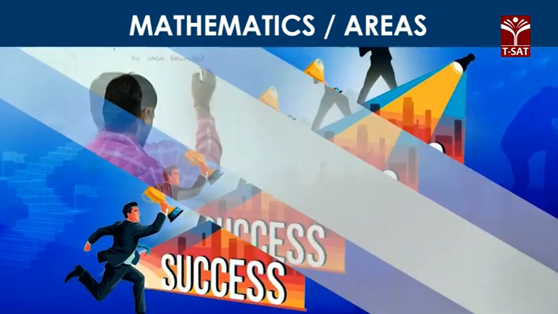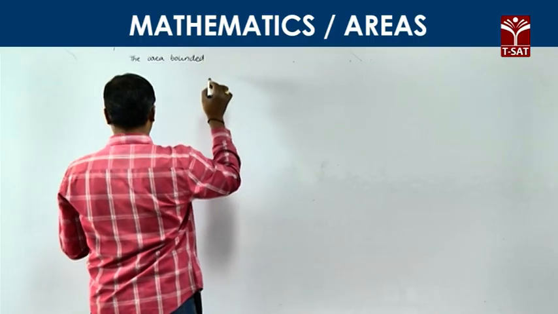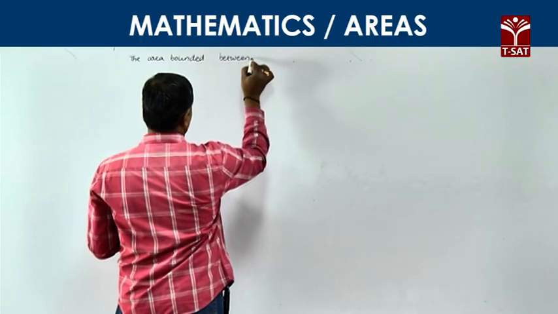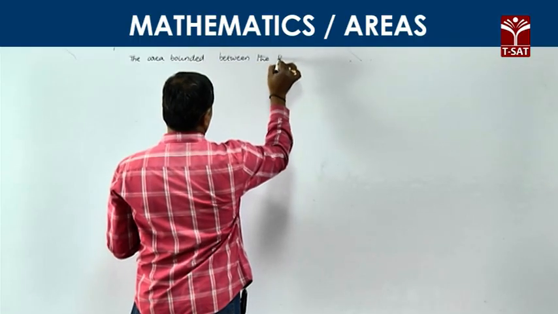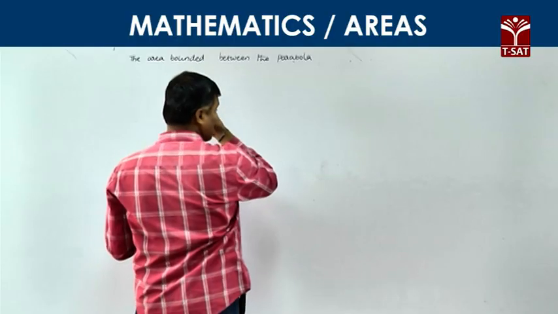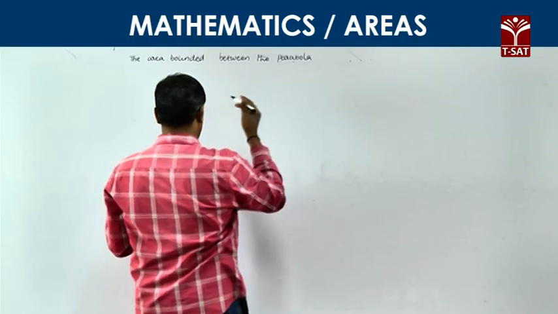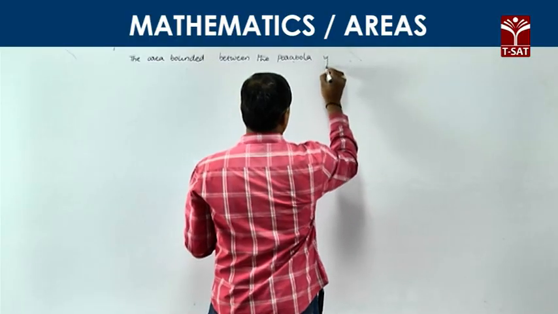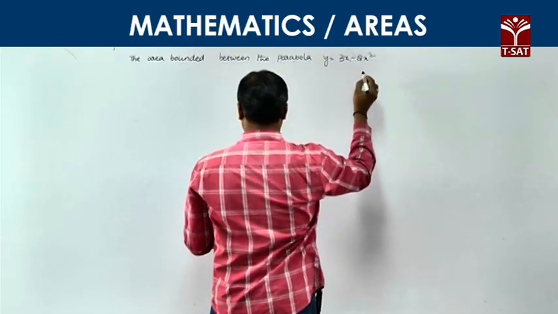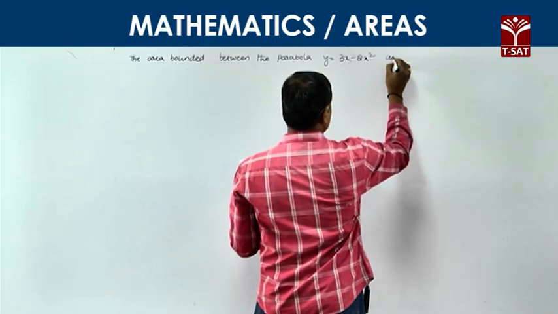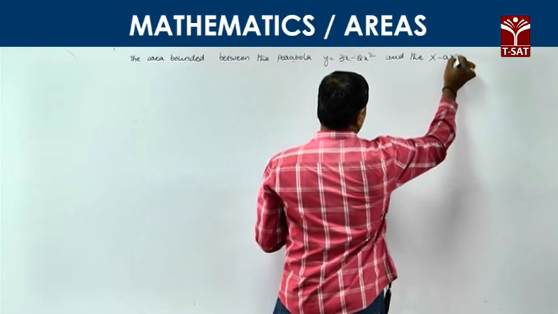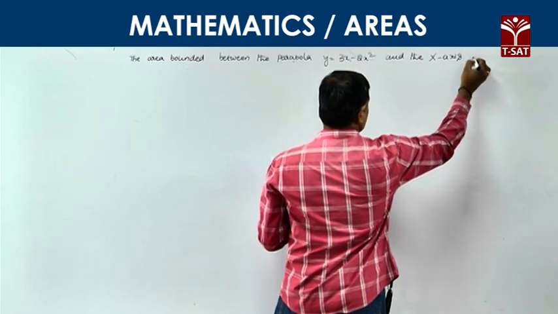Next problem: the area bounded between the parabola y is equal to 3x minus 2x square and the x-axis, in square units.